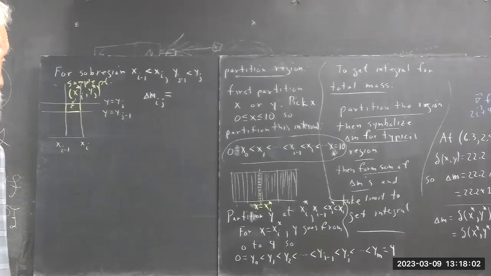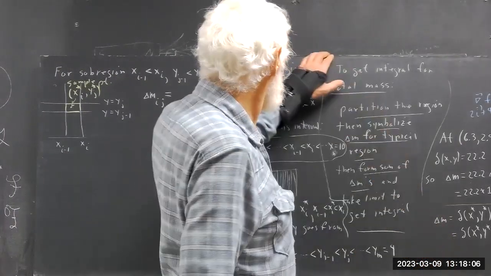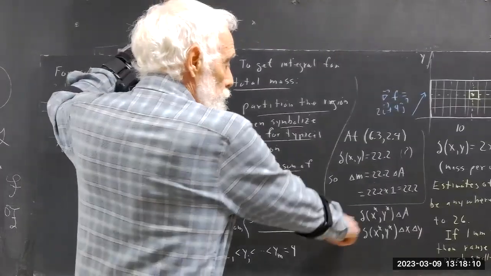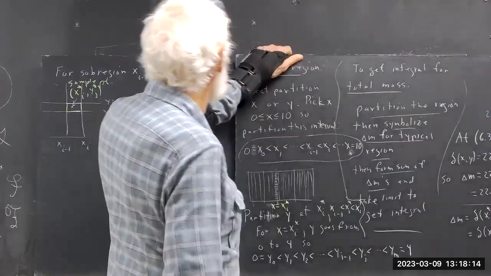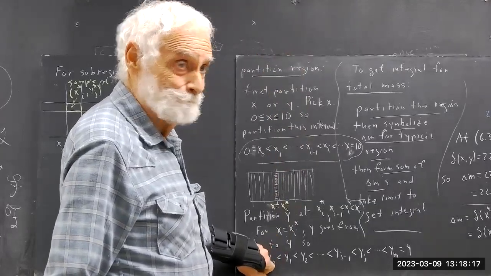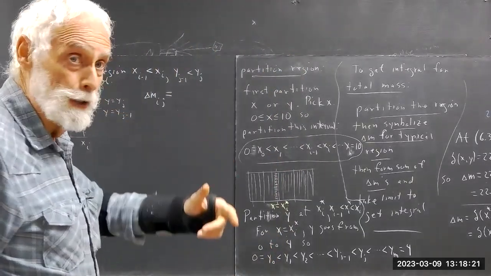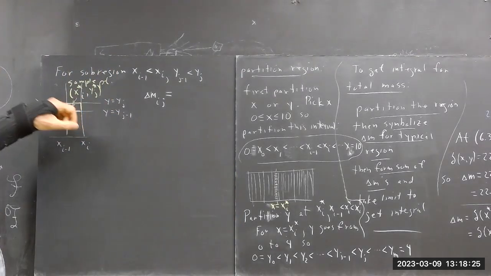Okay, well, delta MIJ could be just like this expression over here, which I probably don't have on the board, but I thought it was going to be like this expression, except with more information. So we try to put too much information in. Instead of X star and Y star, we've got a specific sample point.